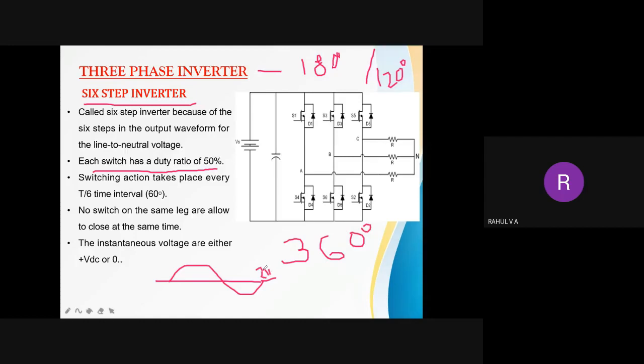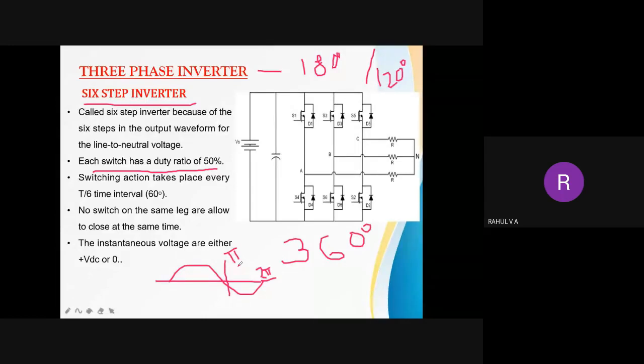And in this case, if you are switching on one particular switch, it will work for a 50% duty ratio. That is half of 2 pi, that is pi. So if you turn on one switch, the time interval for that on condition will be half of the total time period.